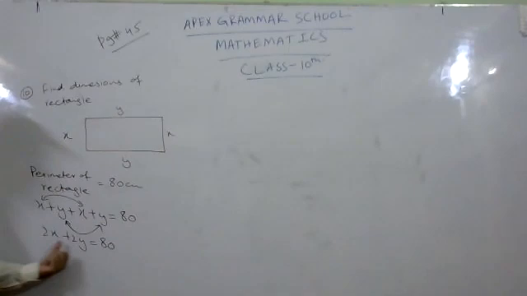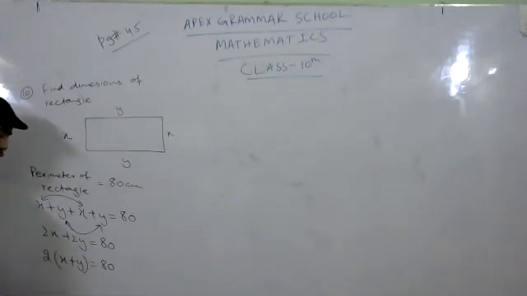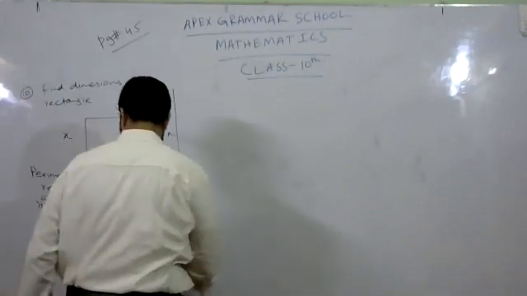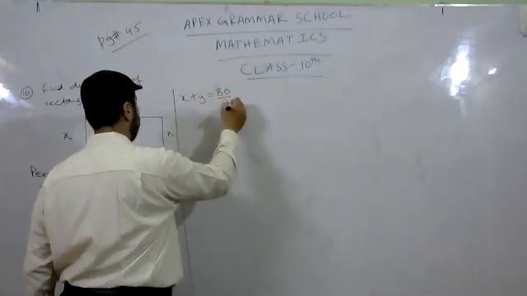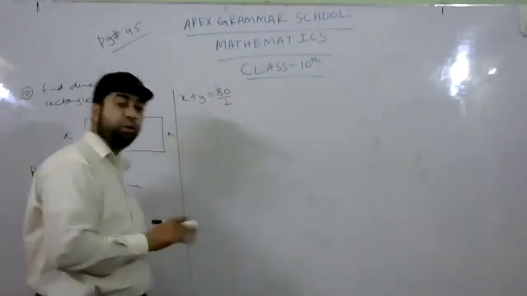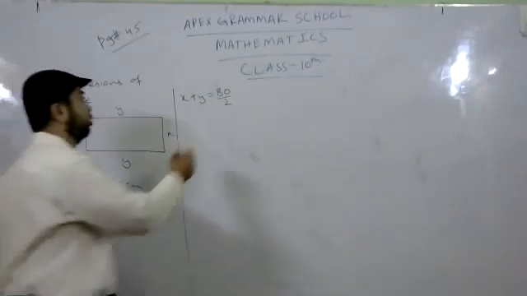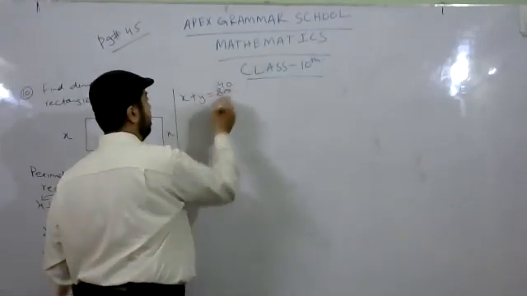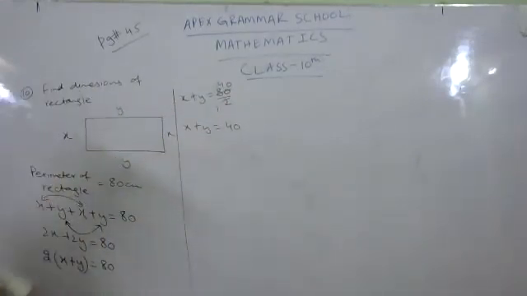You can see that 2 is common here. 2 is common, then x plus y is equal to 80. 2 is multiplying, so we are going to divide here. So x plus y is equal to 80 divided by 2. We are solving just the first condition. 2 1s are 2, 2 4s are 8, so the 0 remains. X plus y is equal to 40. According to the first condition, this was the first condition.